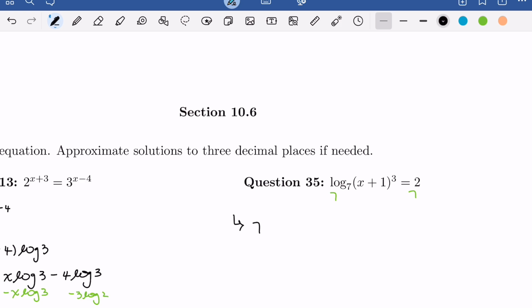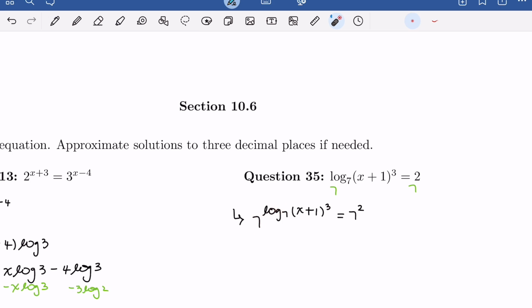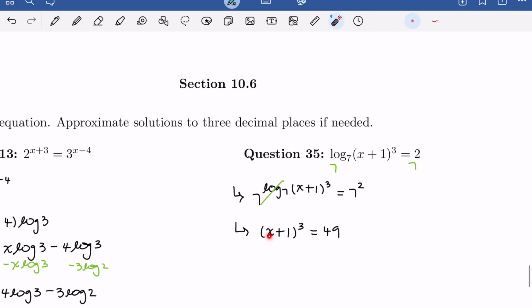We're going to end up with 7 to this power here is going to be equal to 7 squared. Now again, these are going to undo each other. So we're just going to be left with this x plus 1 cubed on the left-hand side, and on the right-hand side we'll have 49. Now from here we want to solve for x, so we're going to take the third root on both sides of this equation.